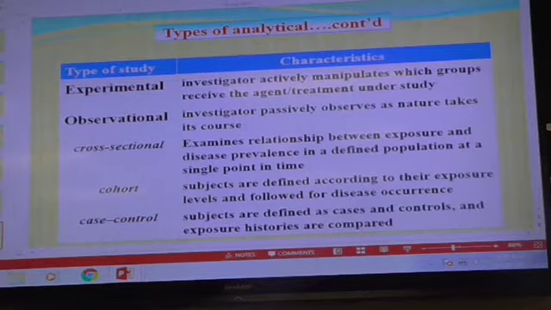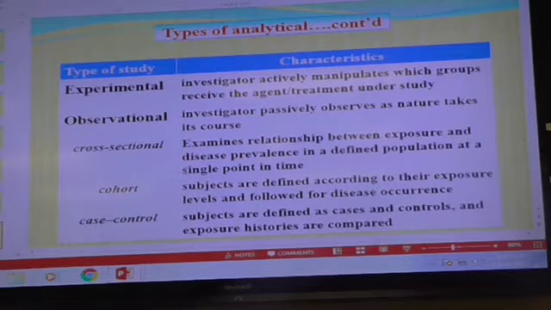In observational, the investigator passively observes as nature takes its course. Under observational, we have cross-sectional, which examines the relationship between exposure and disease at a single point in time. So this is what we mean by non-directional, at a single point in time.